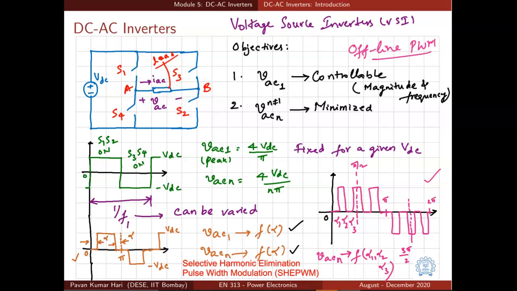This alpha 1, alpha 2, alpha 3 or alpha n in the generic case can be used to generate a required fundamental component, and in addition to that we can also use them to mitigate unwanted harmonics. So mitigating unwanted harmonics becomes more prominent because we will be doing many things. That is why this is popularly known as selective harmonic elimination pulse width modulation, SHE PWM.